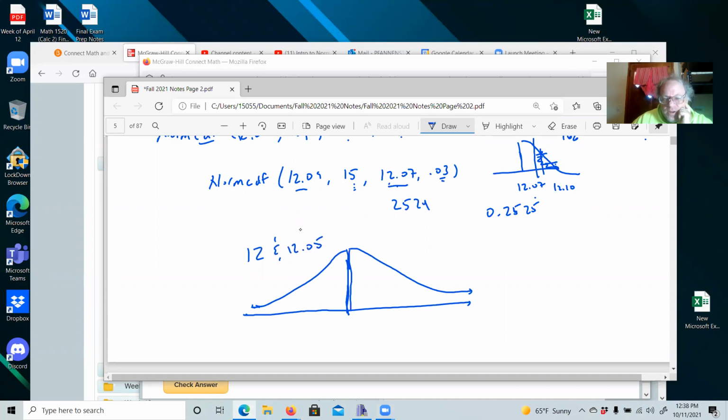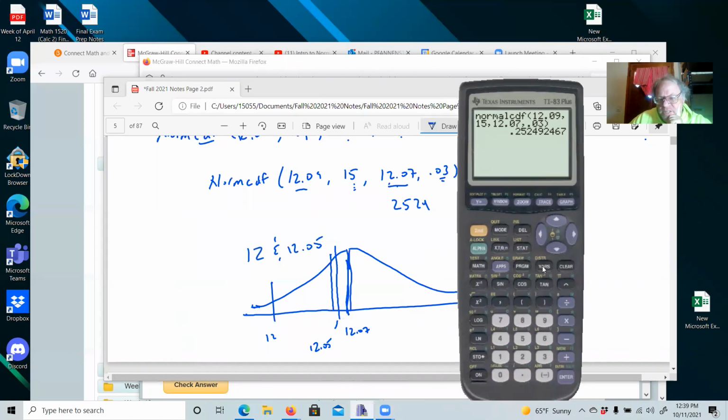All right, so this is 12.07. So 12.04. We're looking at 12.05 here. And then way down here is 12. But at least we have a min and a max, so that's nice.